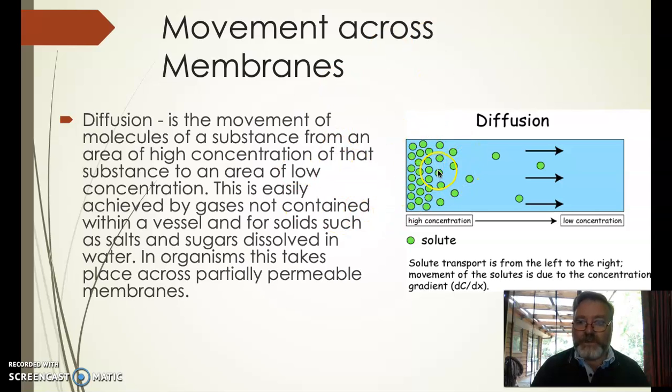This stuff here will start to move until we see a reasonably even distribution of salt in that whole space. If we put a membrane in there, of course, we can draw the salt across the membrane and create a concentration of salt inside. So it's a simple process, simply soluble material moving through the fluid from areas of high concentration to low concentration.